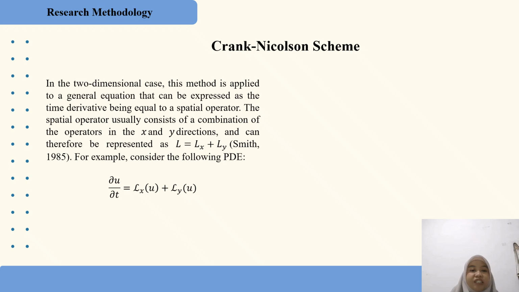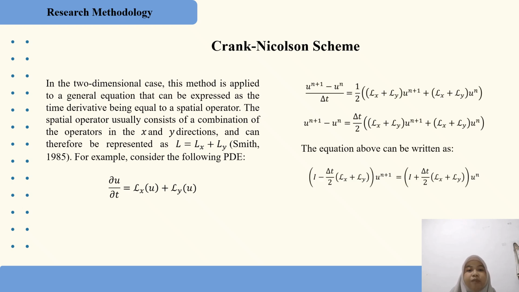In the two-dimensional case, this method is applied to a general equation where the time derivative is equal to a spatial operator. The spatial operator usually consists of a combination of the operators in the x and y direction and can therefore be represented as follows. Smith, 1985. For example, consider the following.